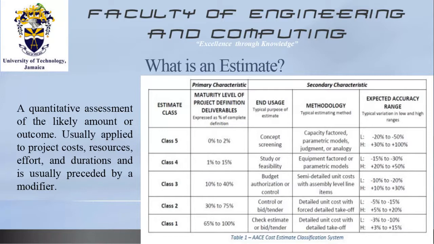Ordinarily, what we have at best when we talk about estimates, unless we are experts in the field, is a class 3 estimate, where there isn't a great deal of accuracy with it. In fact, the maturity level of project definition of the deliverable at that time may be no more than 40%. Okay, so that's why it's an estimate.